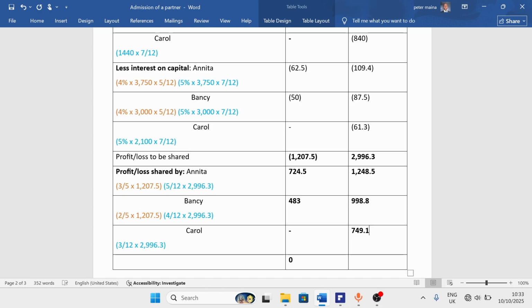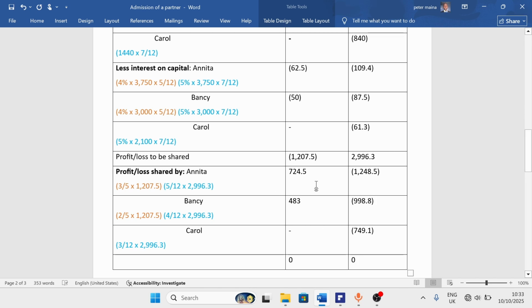And because we are supposed to less the share of profit, we are going to put these ones in brackets. So once you deduct the share for each partner, the last amount is supposed to be 0. All the profit is going to be shared by the partners until you have nothing remaining.